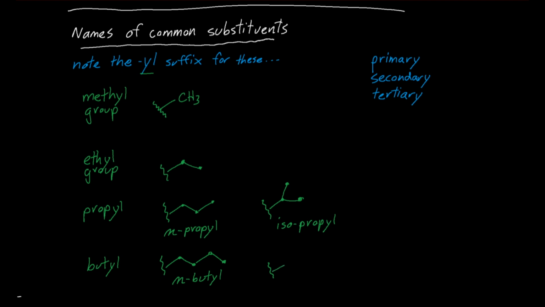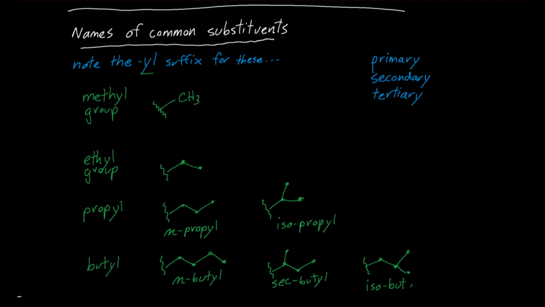You have a branch there. 1, 2, 3, 4. Secondary or sec-butyl. You have 1, 2, 3, 4. Isobutyl.